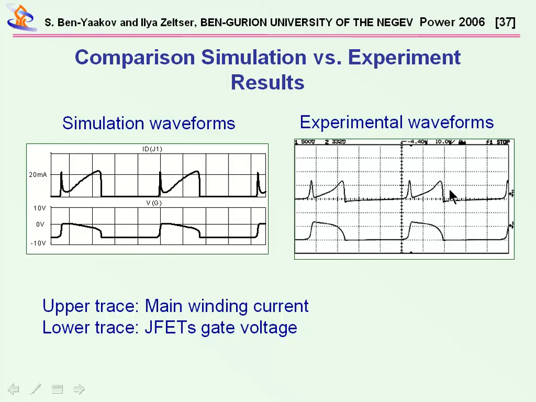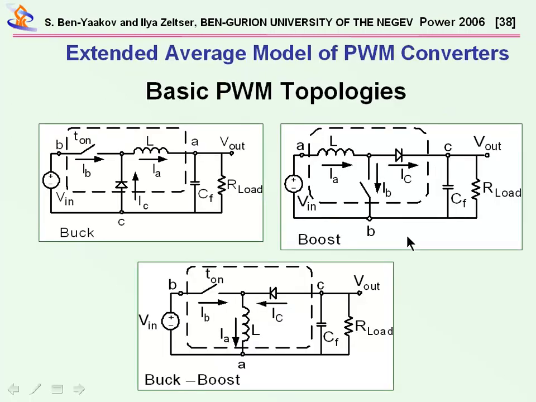As one can see, we have a very good agreement. This is the input current, or the main winding current, and this is the voltage at the gate of the JFET transistor.